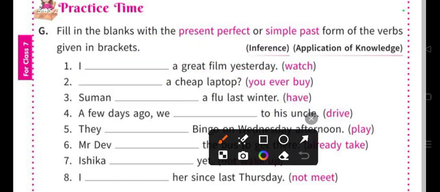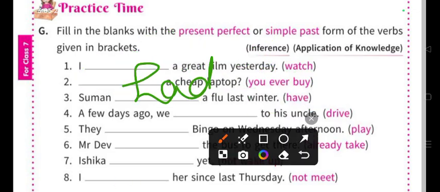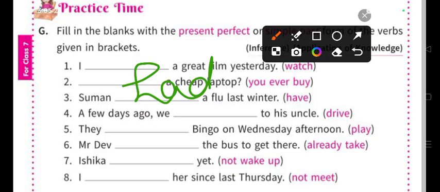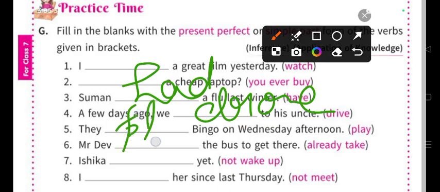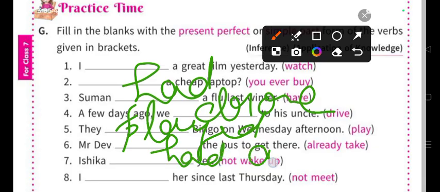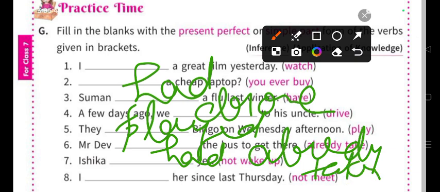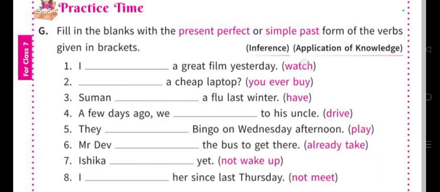Next, Suman had a flu last winter. A few days ago, we drove to his uncle. Then they played bingo. Mr. Dev had already taken. Okay. Now the next one.